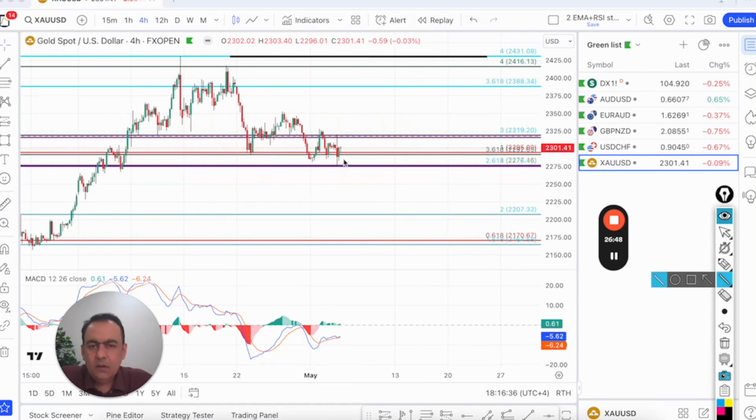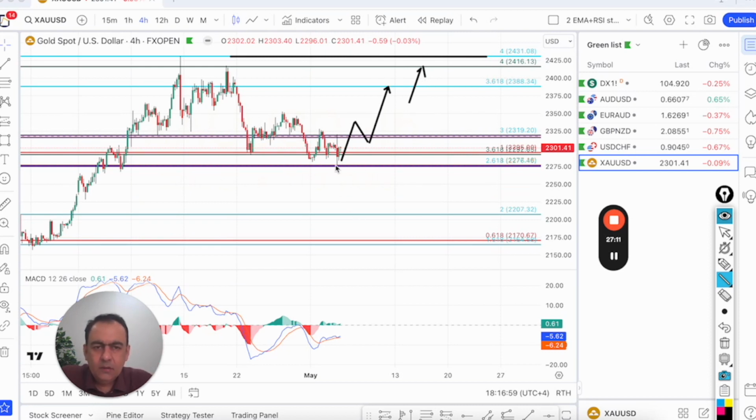If we get a close above 2319 with a major breakout, I will get into my bullish action, and I will buy on the dips for the next upside of 2388, followed by 2416, and finally I'm going to target 2560.